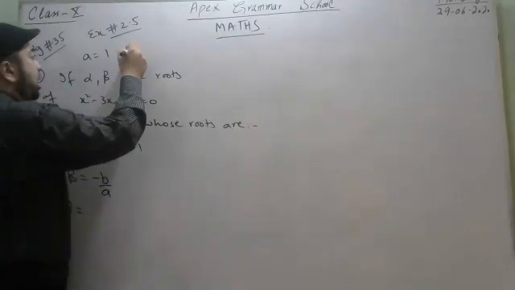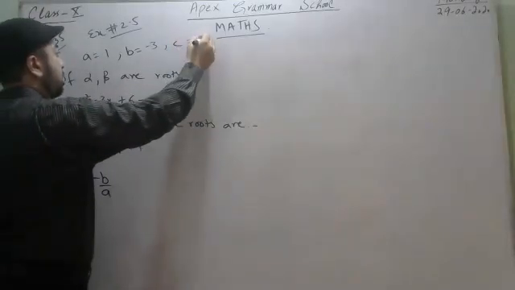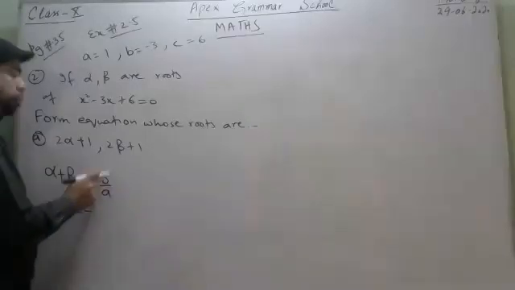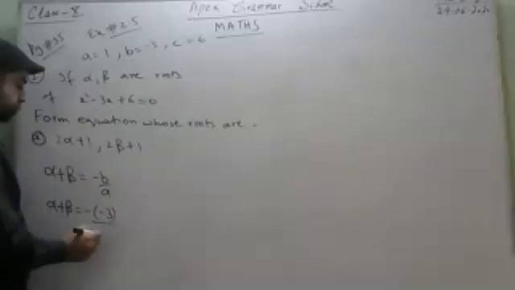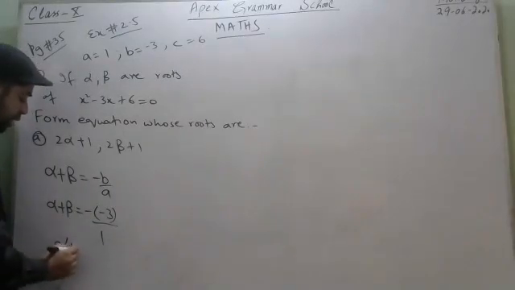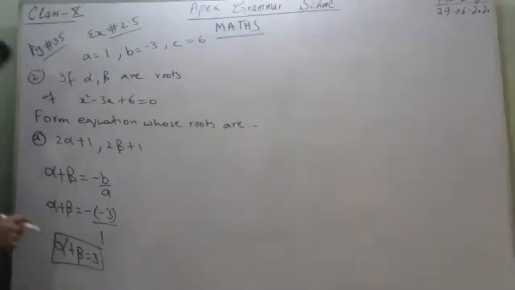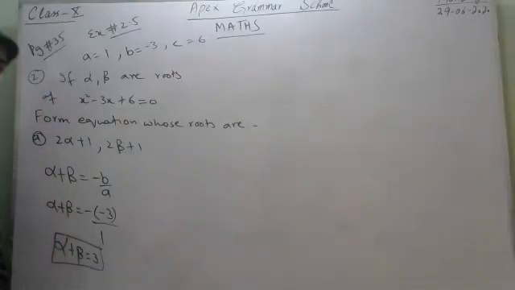The x coefficient, that is minus 3. What is the value of c? This constant, 6. Now apply them. Minus b, that is again with minus sign, over a, that is 1. So alpha plus beta is equal to 3. Remember again, this is the sum of roots of this equation.